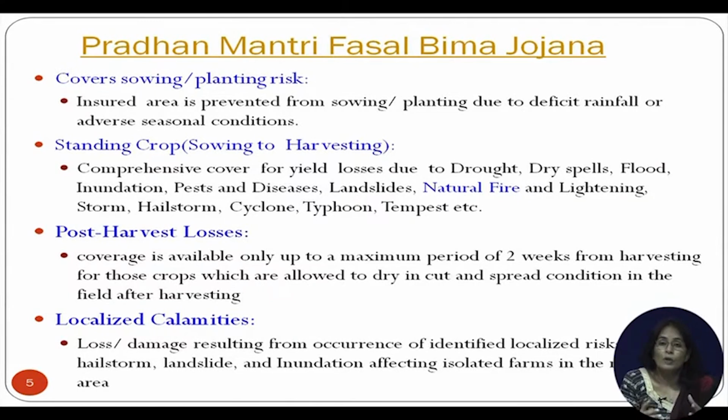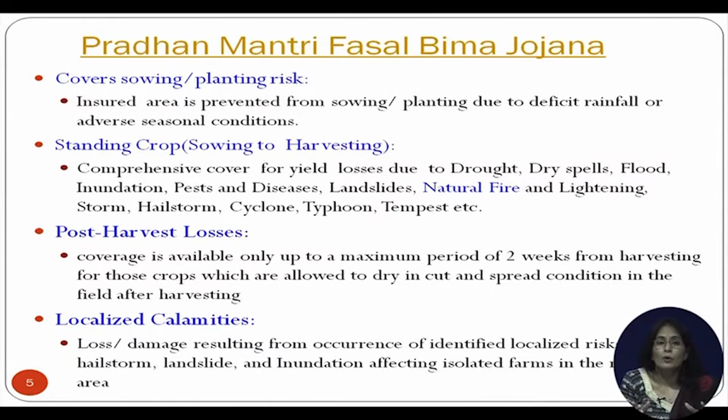It also covers post-harvest losses, and the period for post-harvest losses is only 2 weeks. Why is it 2 weeks? Because many times farmers, after cutting the harvest, leave it in the open field for drying. So if any natural calamity happens during that period, this comprehensive insurance plan is supposed to take care of it.